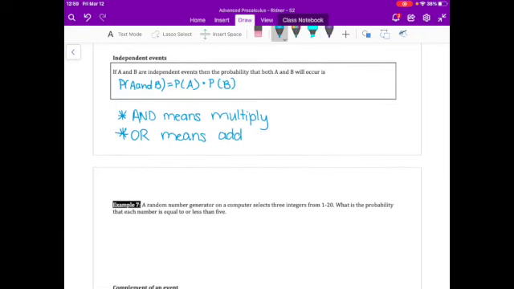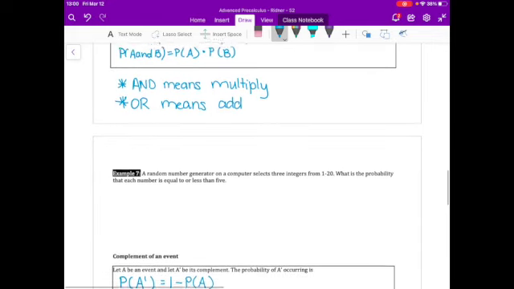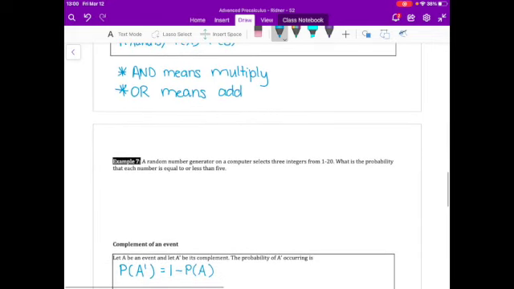Okay. If we have a random number generator and it's selecting 3 integers from 1 to 5, what is the probability that all 3 numbers are less than or equal to 5? Okay, so that means that there are 5 numbers to choose from out of the 20. I'm going to go ahead and reduce that. You'll see why in just a second.